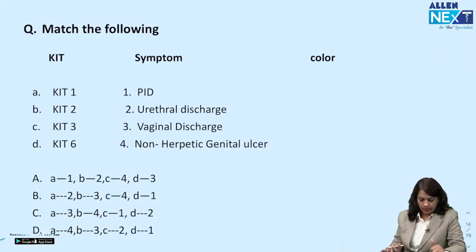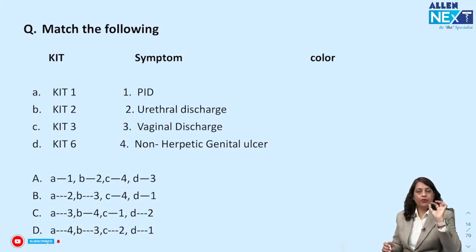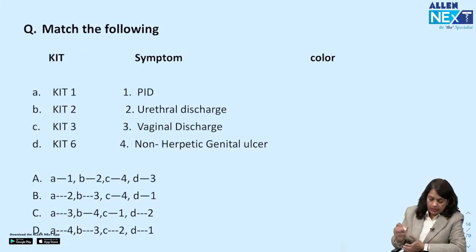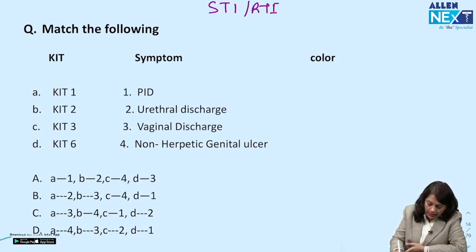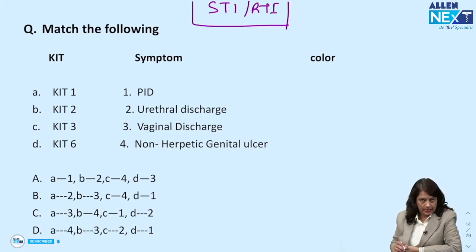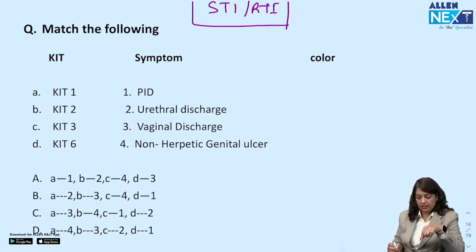Next, match the following. Friends, always expect, nowadays there is so much about STI or RTI. This is a favorite question, that is Suraksha Clinic. It is sexually transmitted infection or reproductive tract infection.